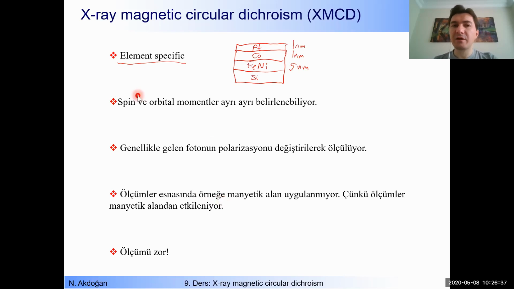So let's consider you are analyzing the iron within that sample, and you can get the spin magnetic moment and orbital magnetic moment of the iron, okay? And you can calculate the contributions to the magnetism separately. This is a very nice property of the XMCD.